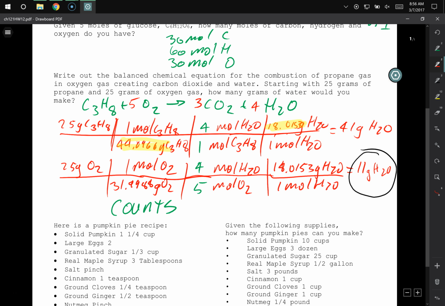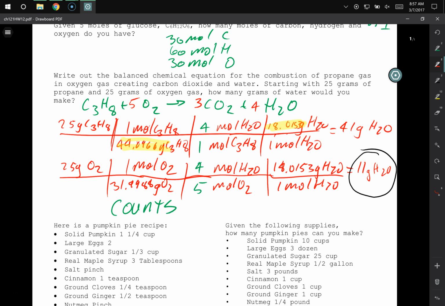The moment I have made 11 grams of water, what happens? I run out of oxygen, and I'm sitting there with water and CO2 that I've just made, and what else is in the container? Leftover propane, because I don't use all 25 grams of the propane up until I make 41 grams of water. And I can't make 41 grams of water because I run out of oxygen too soon.